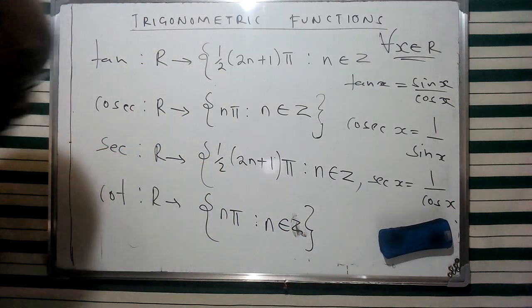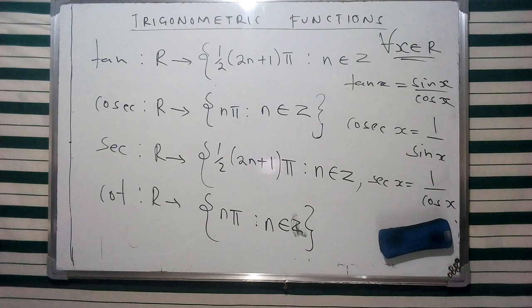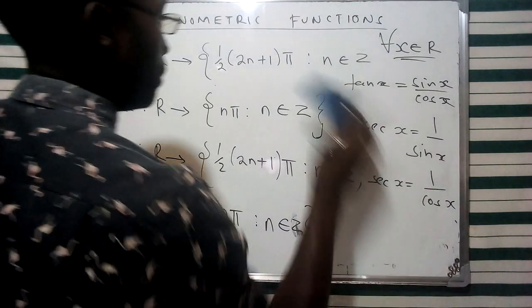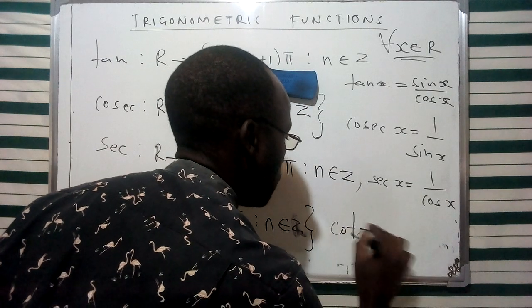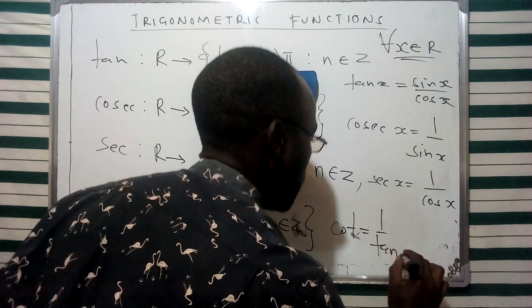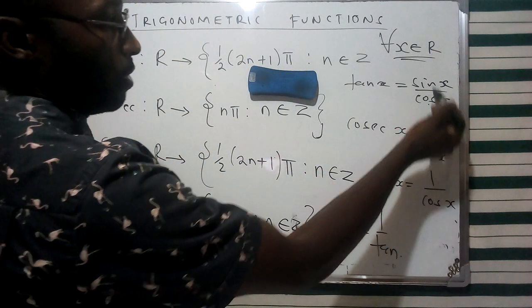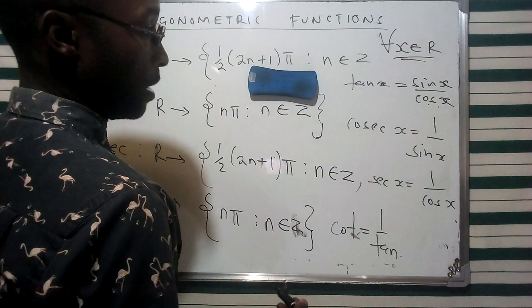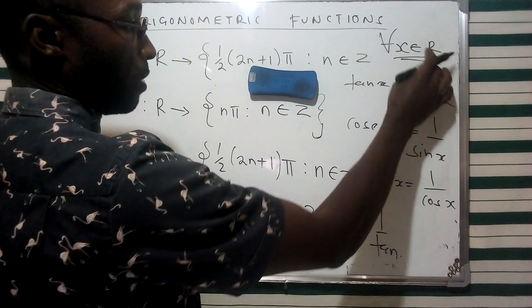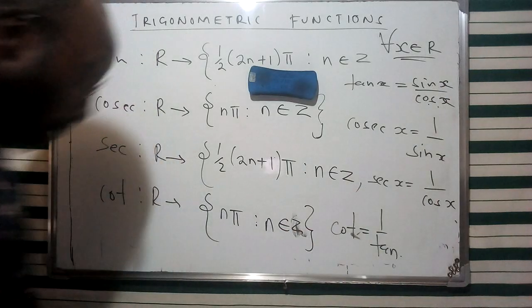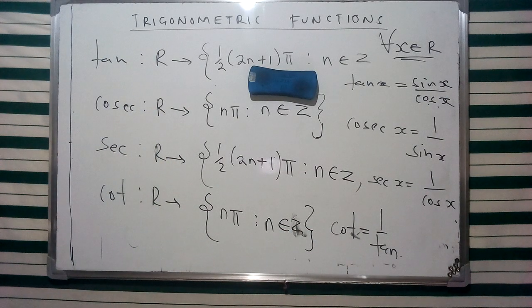This is going to form our last bit, whereby we define this cot as the inverse of tan. Now we are given tan in terms of the sine over the cosine, so we can define the inverse of tan in terms of the cosine of x over the sine of x, given in that specific format.